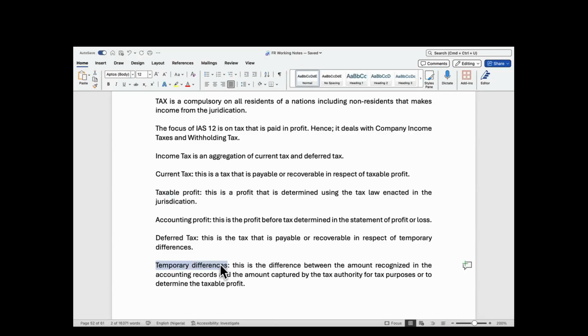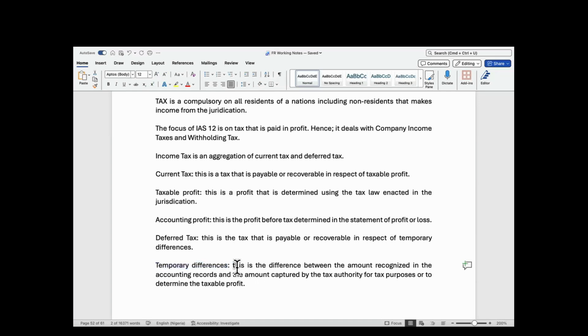That is why I didn't define temporary difference as the difference between accounting profit and taxable profit, because it is not all temporary difference. There are some that are permanent difference, which I would mention in a jiffy.